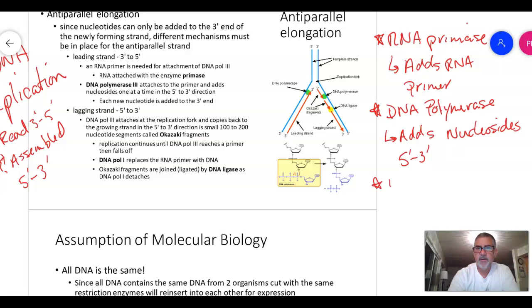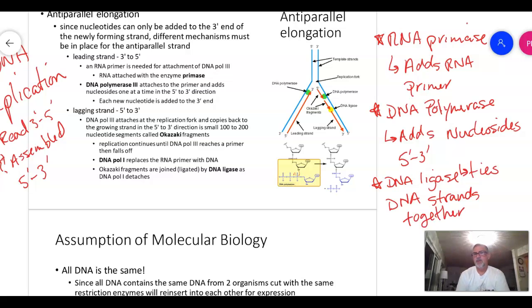We have DNA ligase, and this ties DNA strands together. So there are 3 enzymes we're going to talk about today.